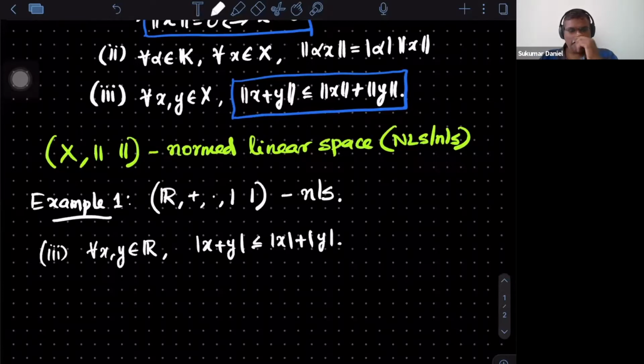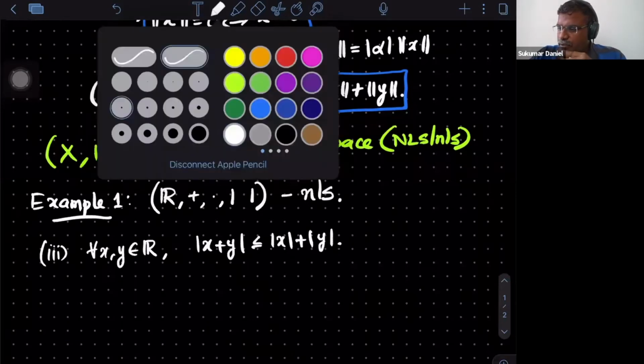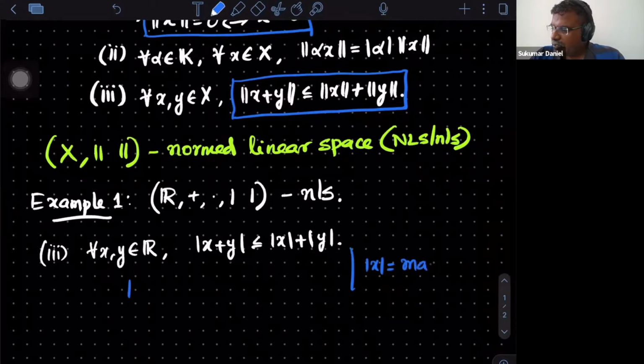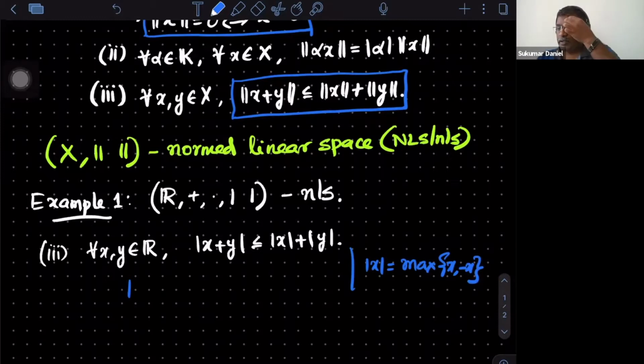And yesterday, as we already observed, modulus of a real number has two definitions, but I said that I would prefer to use the following definition. So by definition, I will consider mod x to mean the maximum of x and minus x. So this is the definition that I will take.